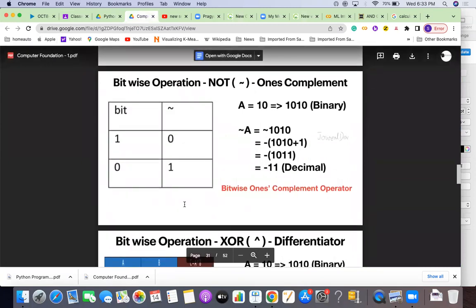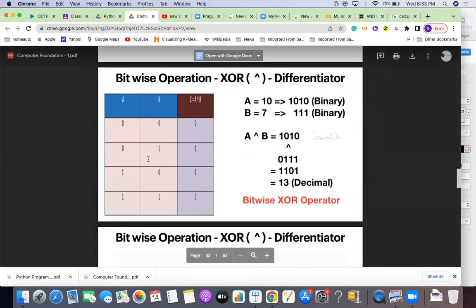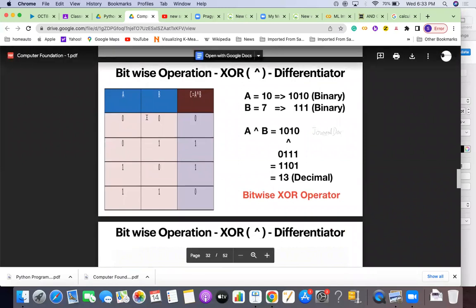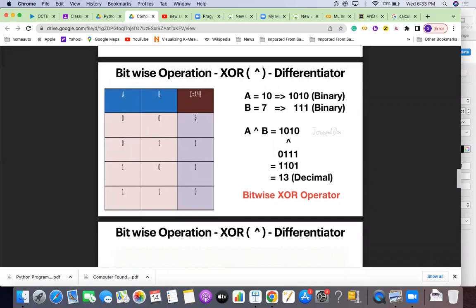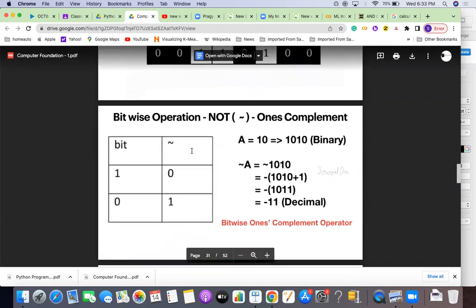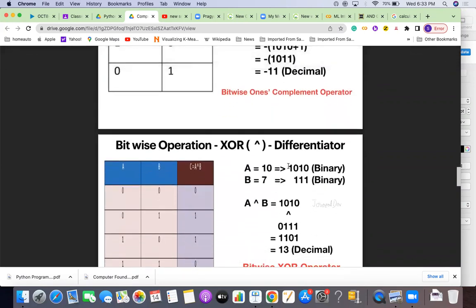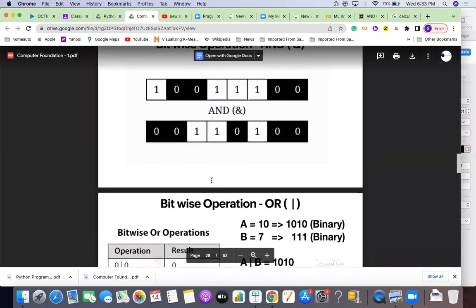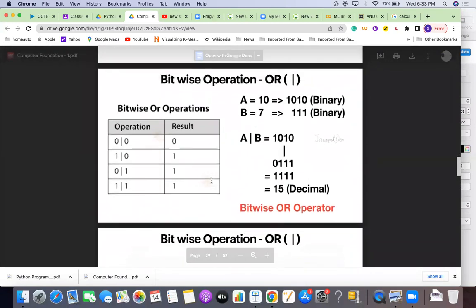See, if there is a difference, then 1. If they are the same, that is 0. That is XOR, correct? If both are the same, the result is 0. If they are complementary to each other, the value is 1. So that is XOR. Any question here? This is also called a differentiator. The bitwise NOT I have not done yet.